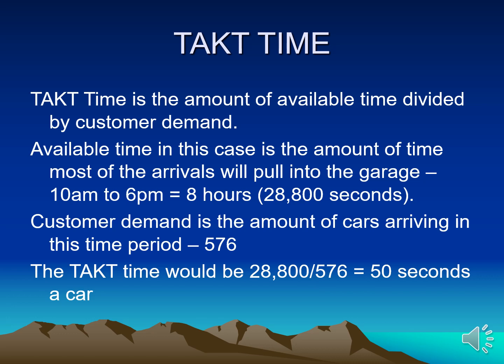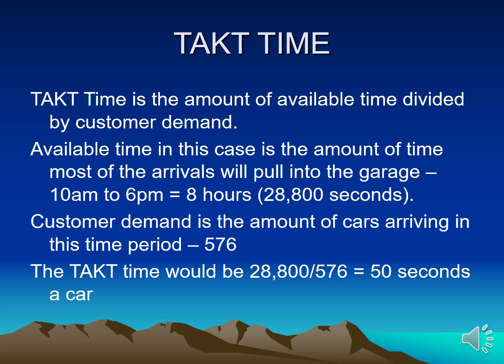Takt time is the amount of available time divided by customer demand. Available time in this case is the amount of time most of the arrivals will pull into the garage. They will come in between 10 a.m. and 6 p.m. That equals 8 hours or 28,800 seconds.